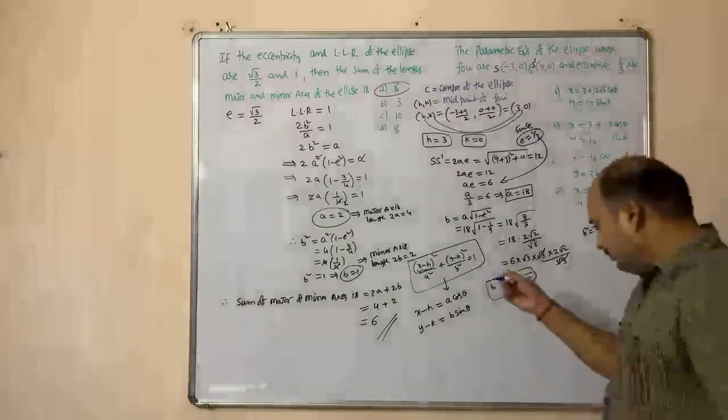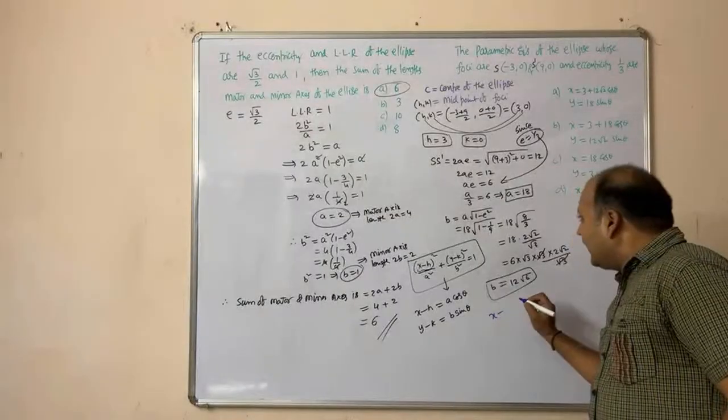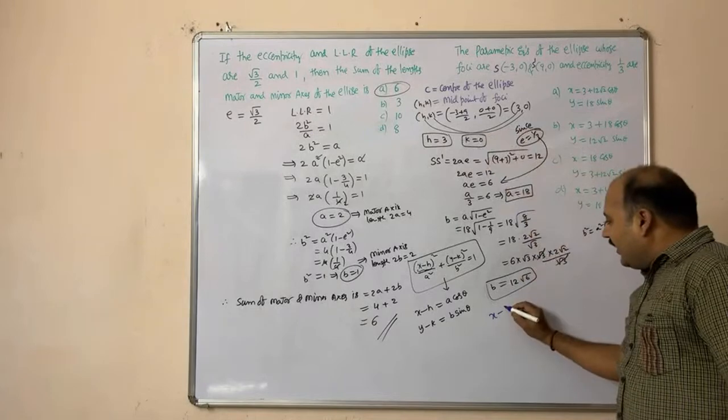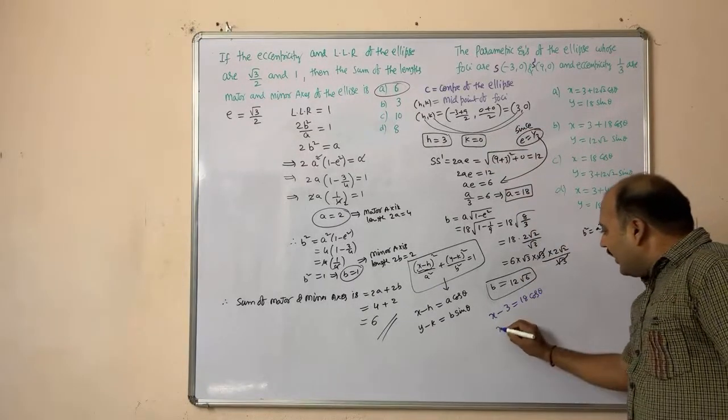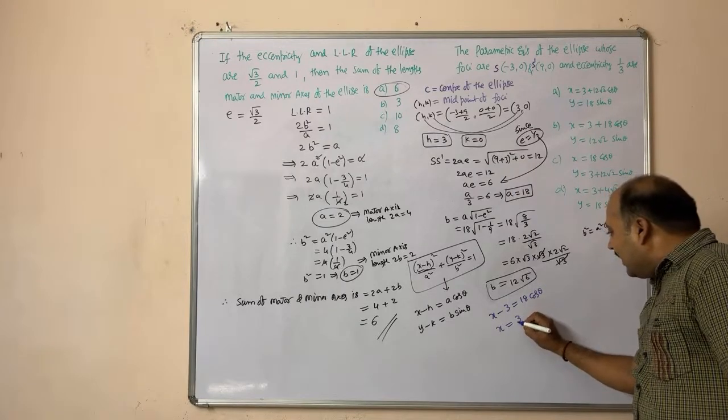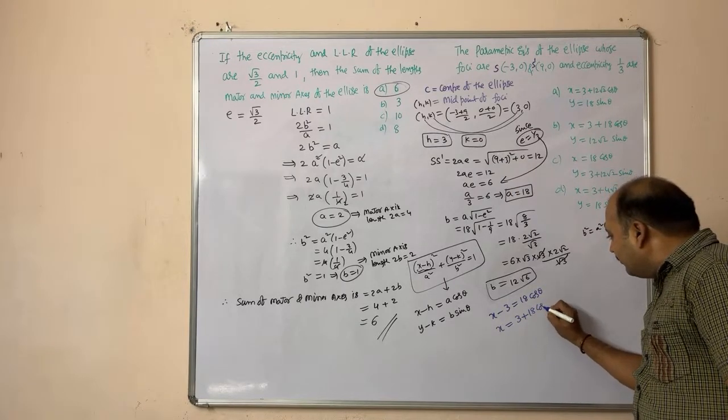So x minus h value is what? 3. X minus 3, a value is 18 cos theta. So x is equal to 3 plus 18 cos theta.